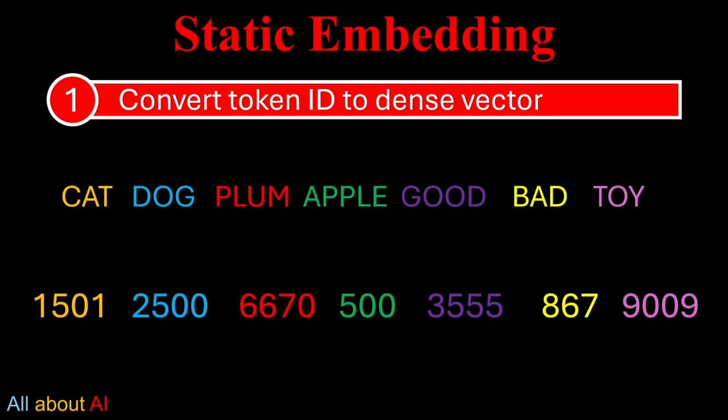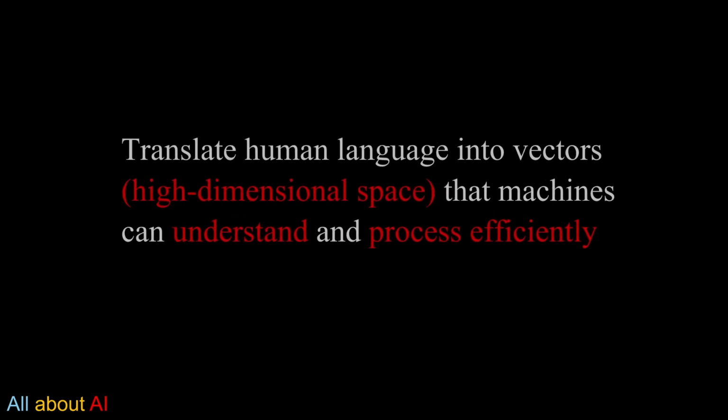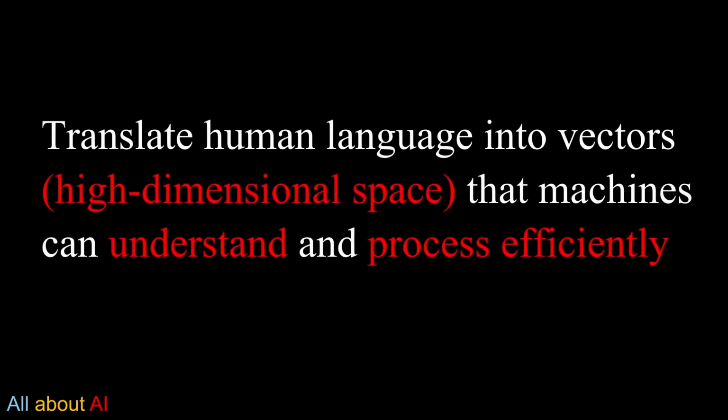Once these token IDs are assigned, the next step would be to convert these tokens into dense vectors in very high dimensional space. And why? Because to translate human language into vectors in high dimensional space that machines can understand and process efficiently.